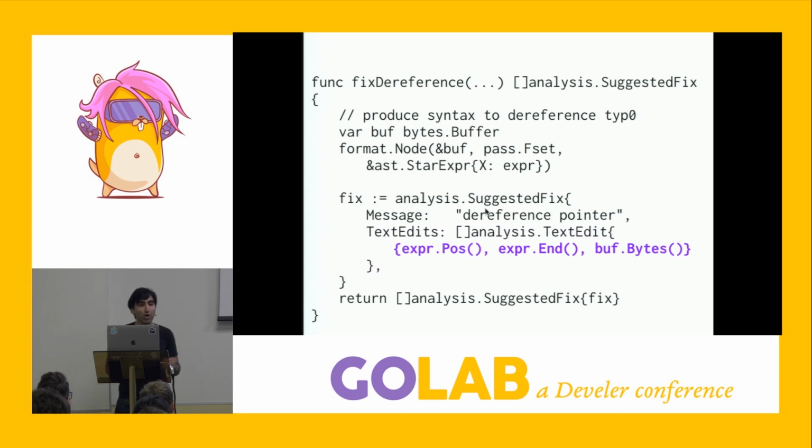And we're saying replace the code that has the position of expr. So Pos is the start position and End is the end position. And we're going to replace that range with the new code. And finally, we return this back to the caller. So that's fix dereference, which generates the suggested fix.